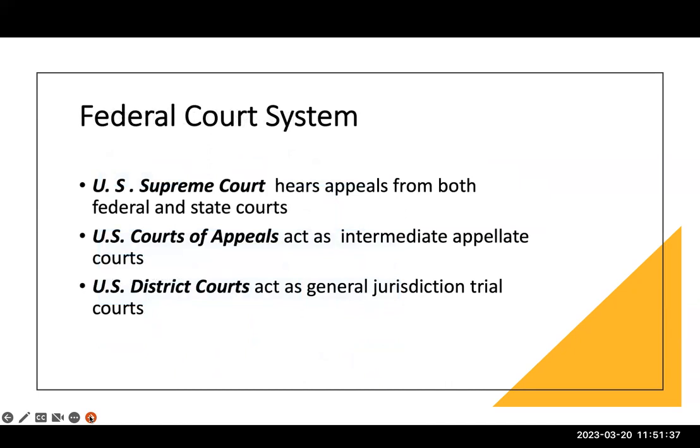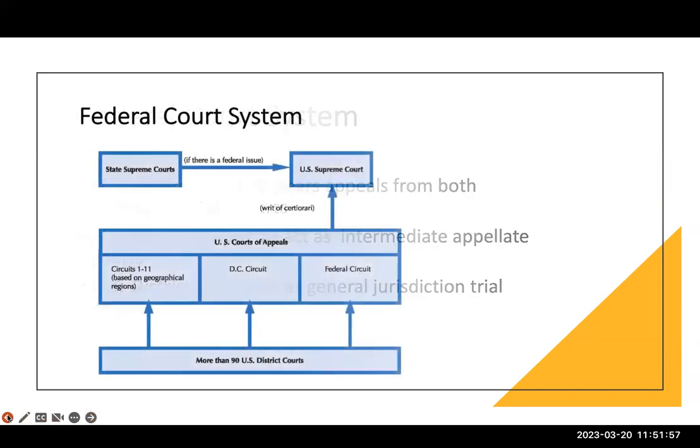The district courts, as I said, are the general jurisdiction trial courts. These are the courts of original jurisdiction that actually hear evidence in the great majority of federal cases. Intermediate appellate courts are the United States Courts of Appeal. As noted in the previous slide, we have 11 circuits, courts of appeal based upon a geographical region.